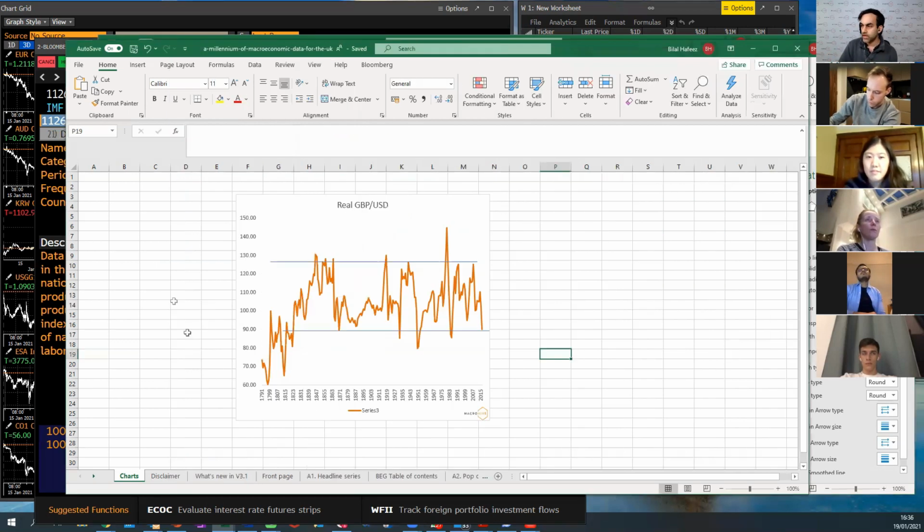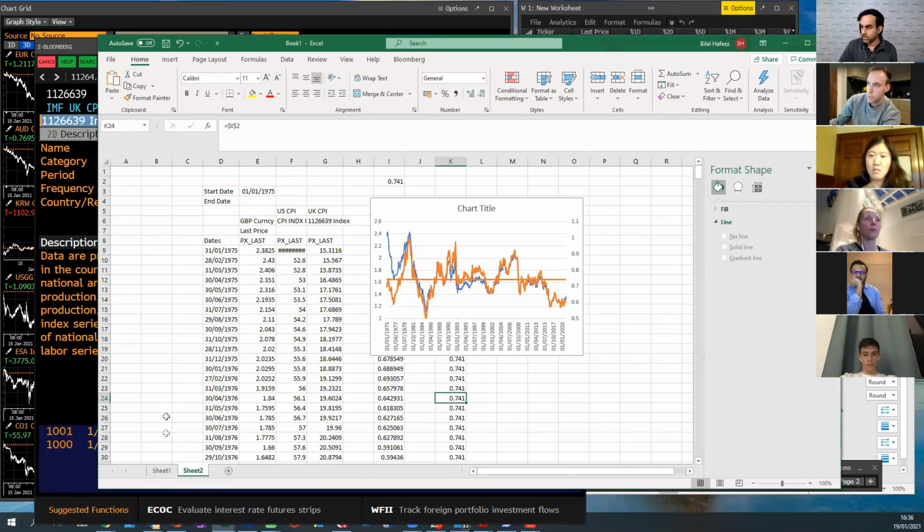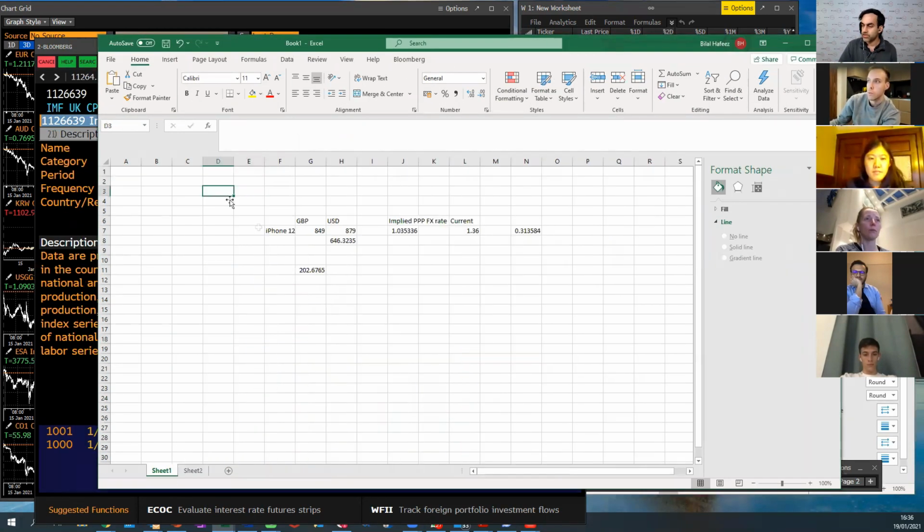So if I just go back to my spreadsheet, this spreadsheet here. This is the iPhone example, but now the balance of payments.